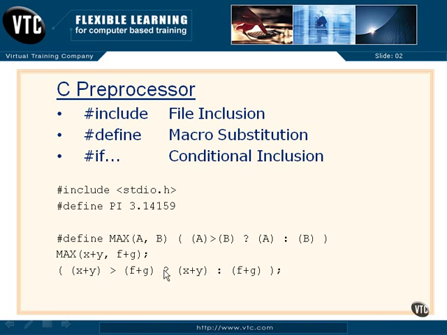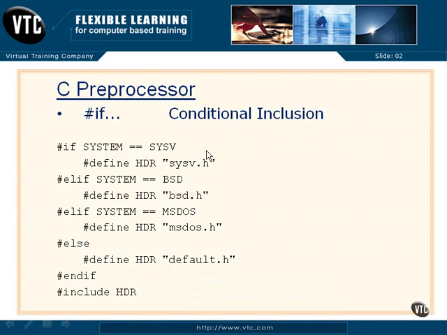Now here's conditional inclusion. In this case, if a previously defined preprocessor value called SYSTEM is equal to another previously defined value like SYSV or SYS5, then we'll define our header HDR value as sysv.h. Else if SYSTEM equals BSD, we'll pound define the header as bsd.h, else if MSDOS, define the header as msdos.h, and then a final else.